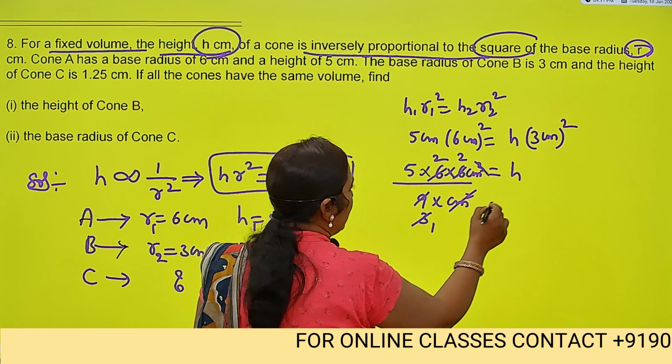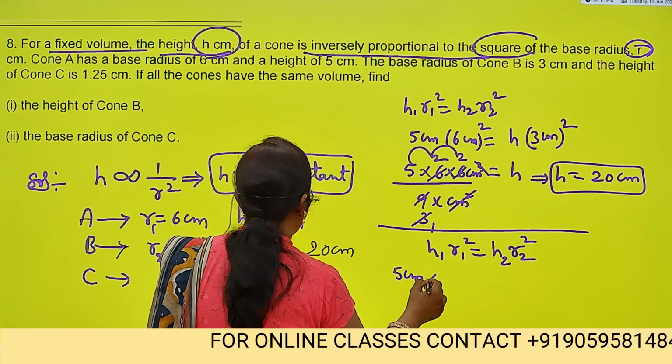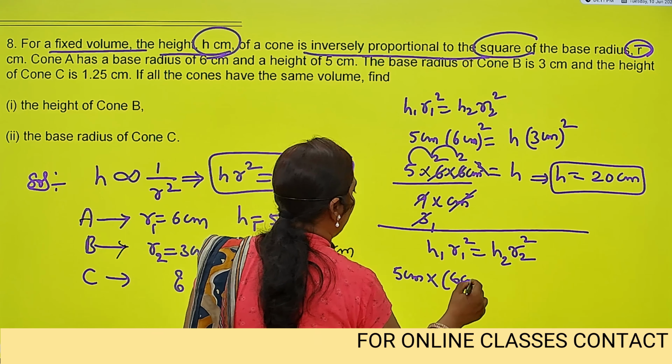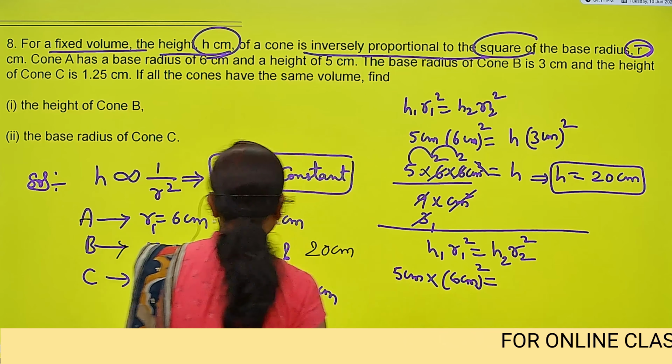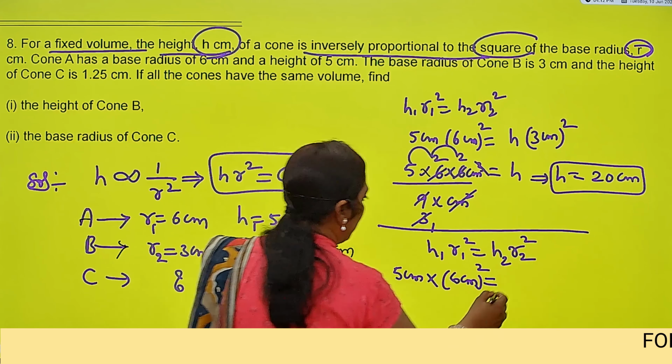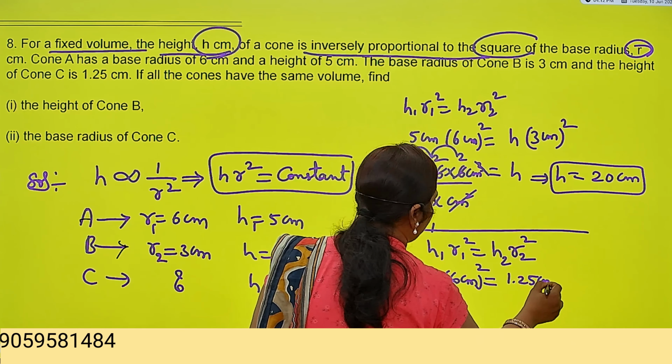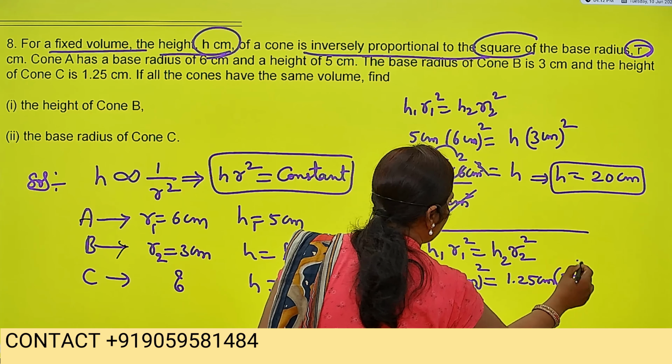Okay, for C, the same: h1 r1 square equals h2 r2 square. What is h1? 5 centimeters. r1 is 6 centimeters whole square. h2 is 1.25 centimeters. r2 we don't know, this is r square.